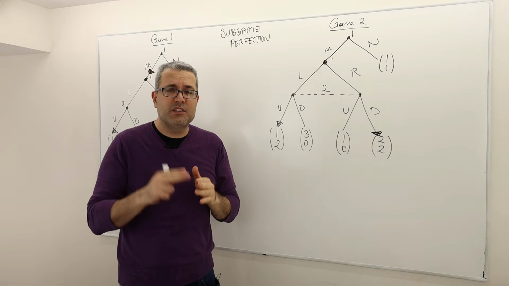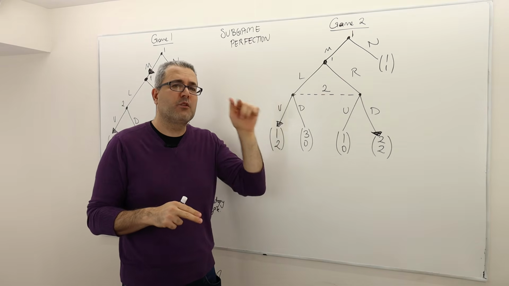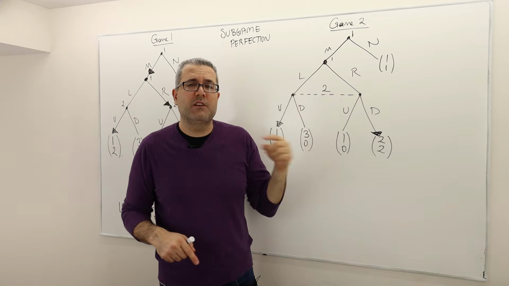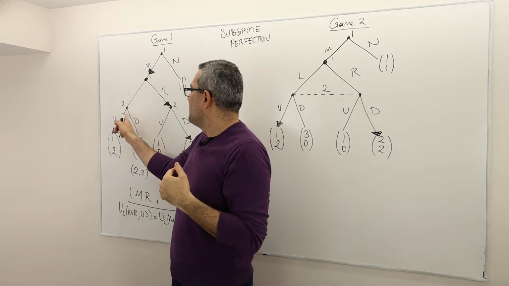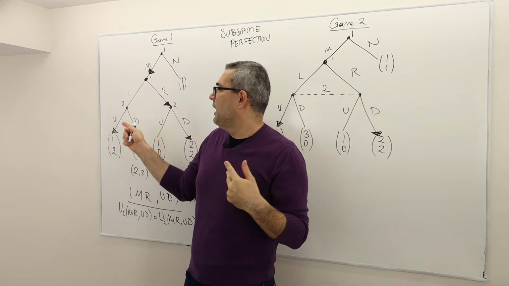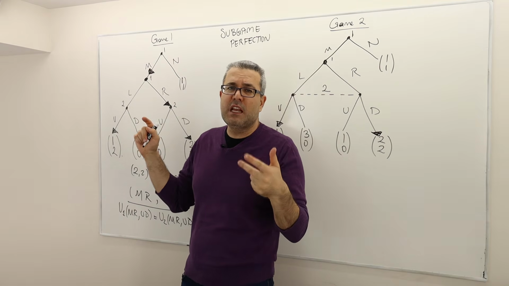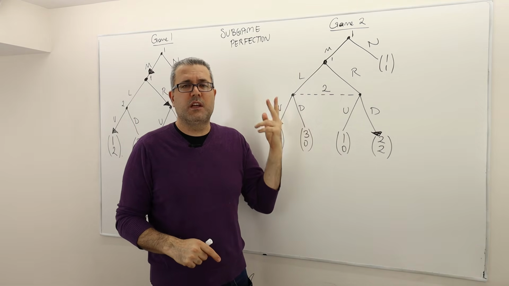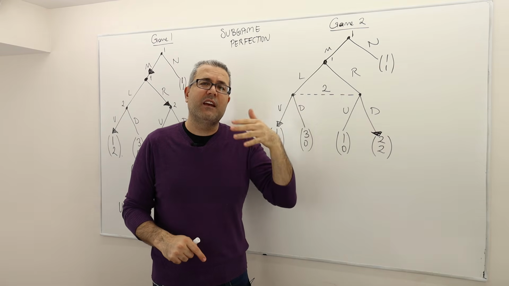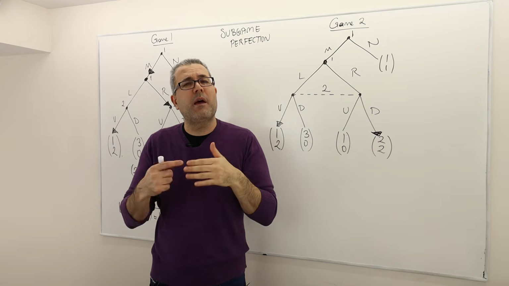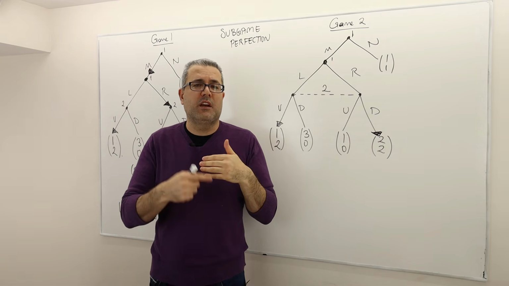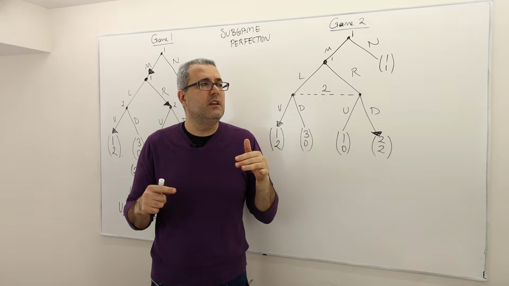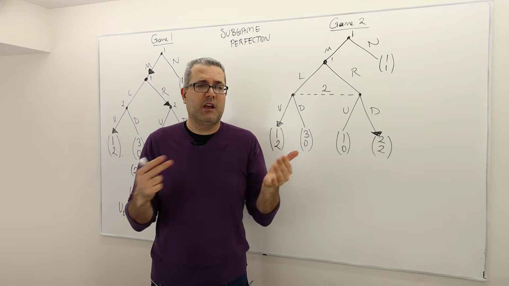Remember, the definition of strategy is for each info set, and here player 2 has only one info set. Here she has two info sets, and both of those info sets are singleton. But here this info set has two decision nodes. And so the strategy, again, we come back to the definition of strategy. If it is not clear, trust me, the rest of the concepts is not going to be clear.